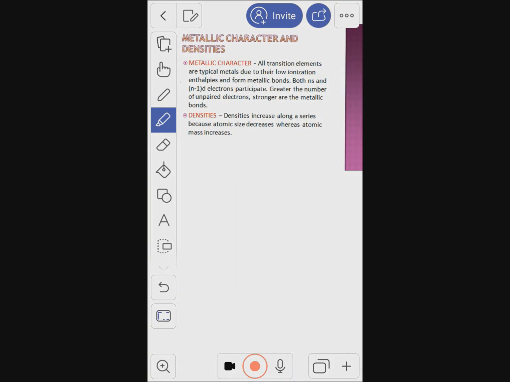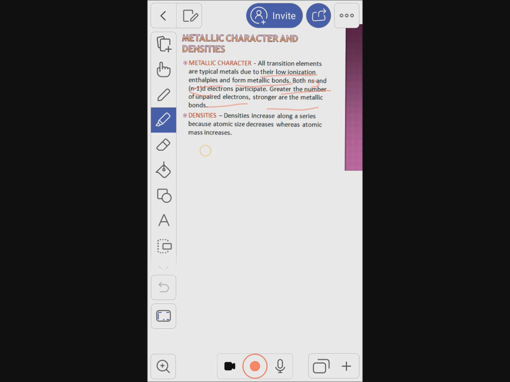Metallic character and densities. All the transition elements are typical metals due to their low ionization enthalpies, meaning they have a tendency to lose electrons and form metallic bonds. In metallic bonds, both ns and (n-1)d electrons participate. The greater the number of unpaired electrons, the stronger the metallic bond.